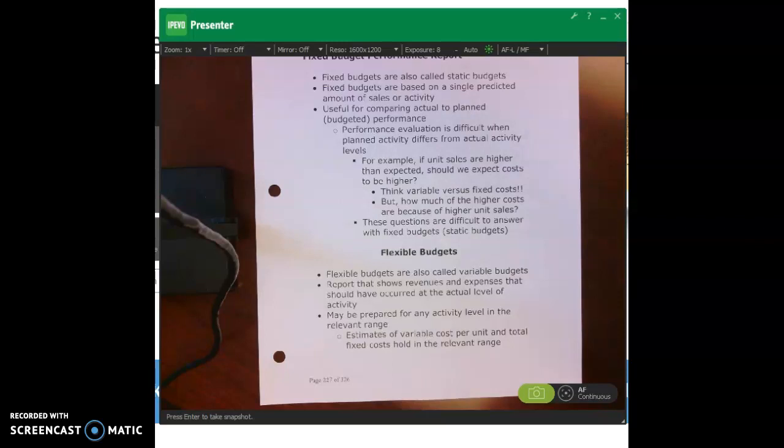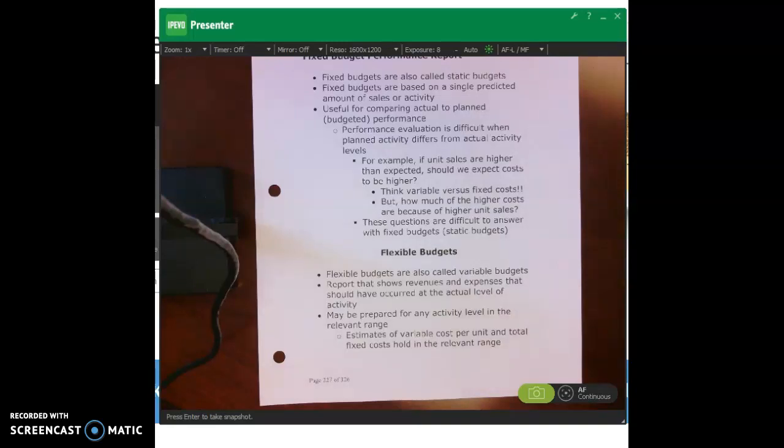That's the problem with the fixed budget. With the idea of a flexible budget, we're going to redo the budget at 110,000 bottles of soda, or look at the budget for 110,000 bottles of soda, which is how much soda we actually made. And we can compare those two because the volume is the same.